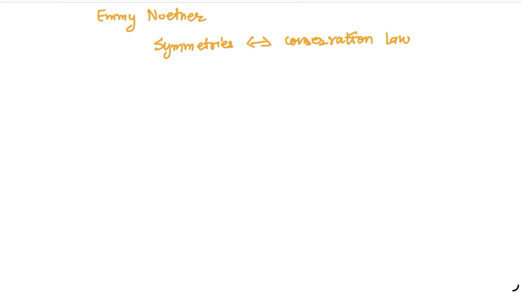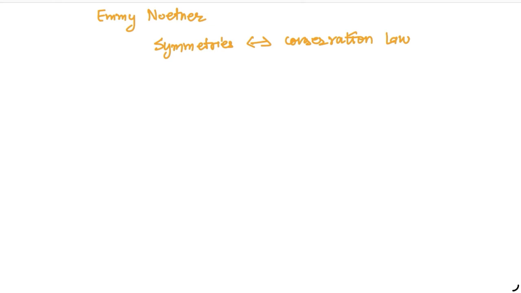The symmetries are not revealed in the motions of the object, but they are revealed in the equations of motion. But if you're just looking at the system, what other ways can you find symmetries? One way is conservation laws. If you find some conservation law, that means there is some symmetry in the system. Emmy Noether figured that out.